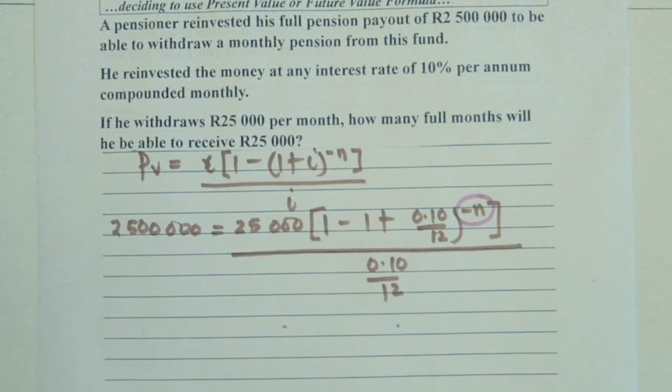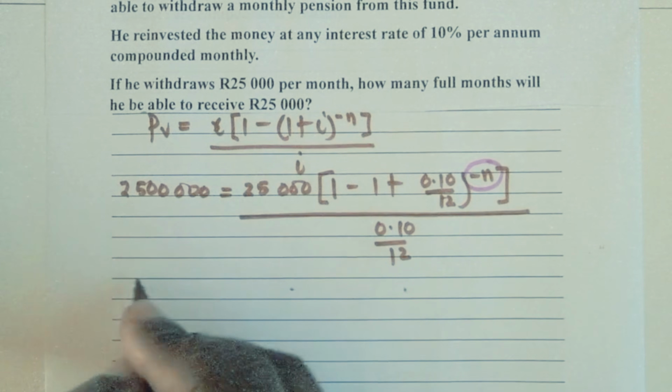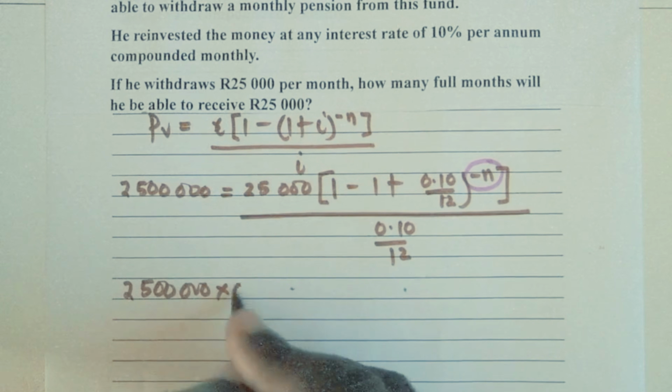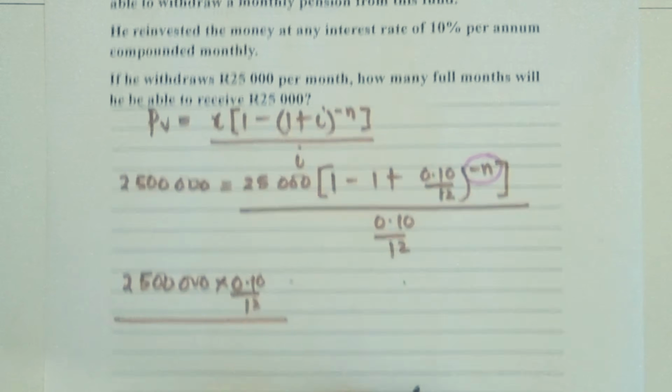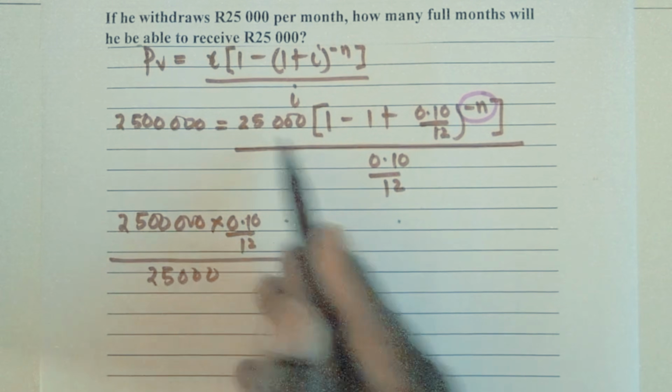So in my first step, I'm going to multiply 2.5 million by the interest in the denominator, and then divide by 25,000.